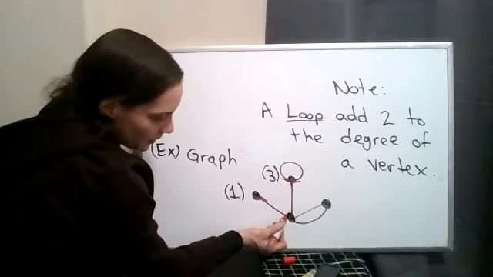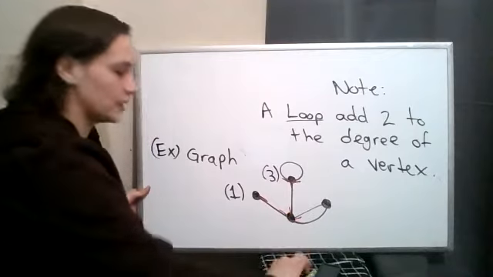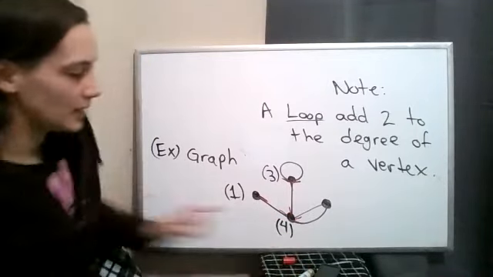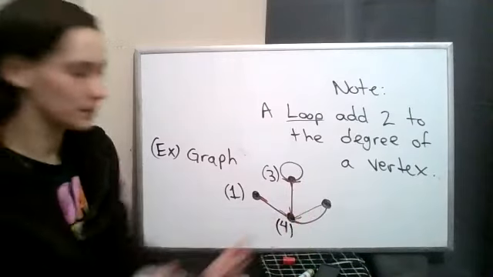This vertex has degree 1, 2, 3, 4. 4 total. And the last one is degree 2.